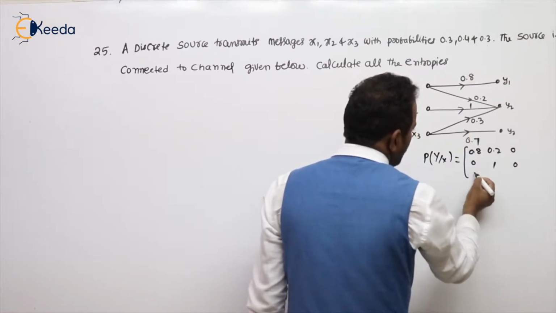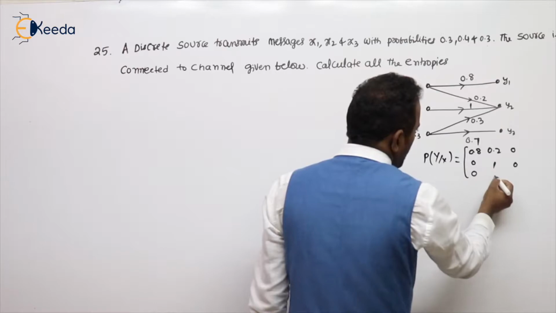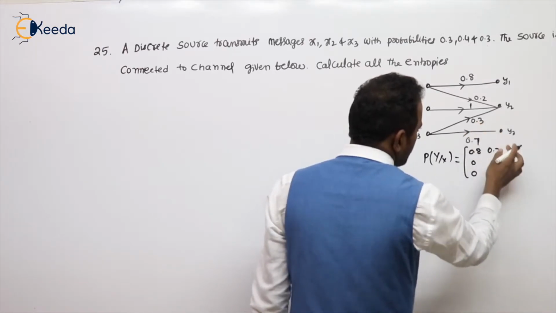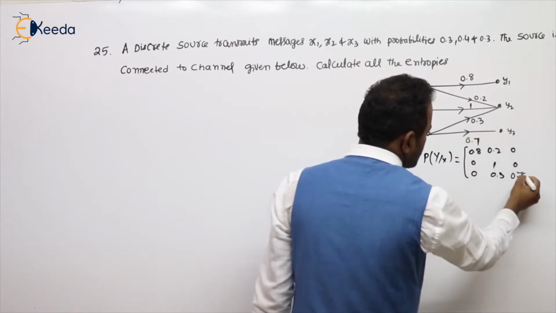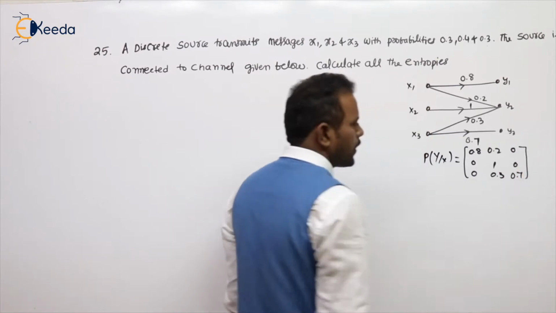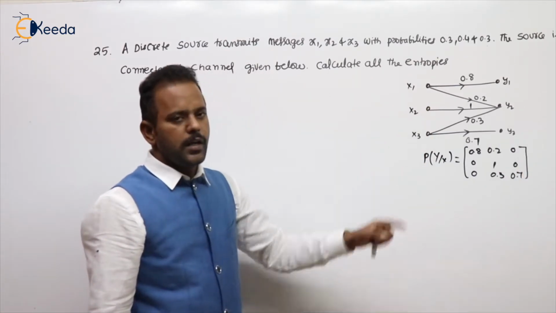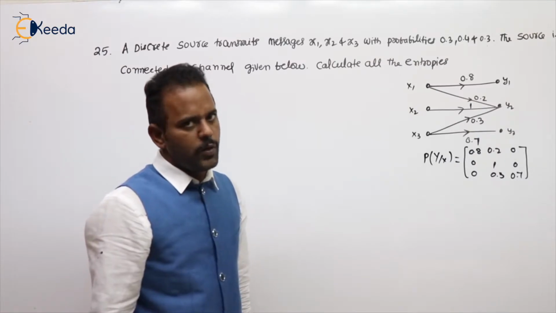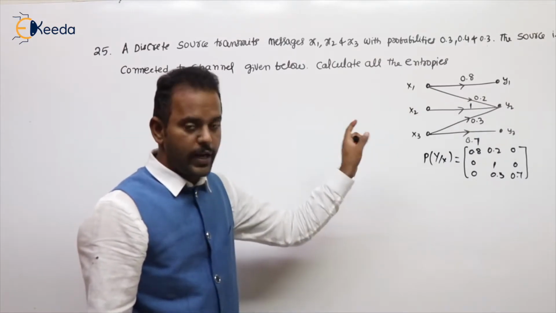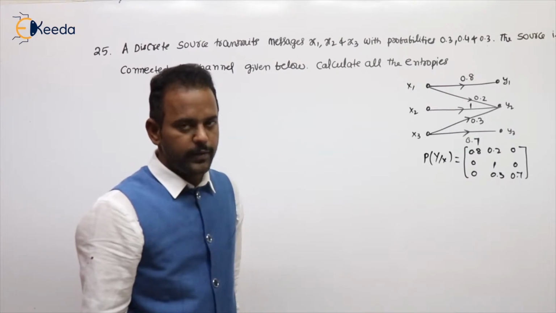Next, y1 by x3, y2 by x3, y3 by x3, 0.7. You can add all rows; the total should be equal to 1.